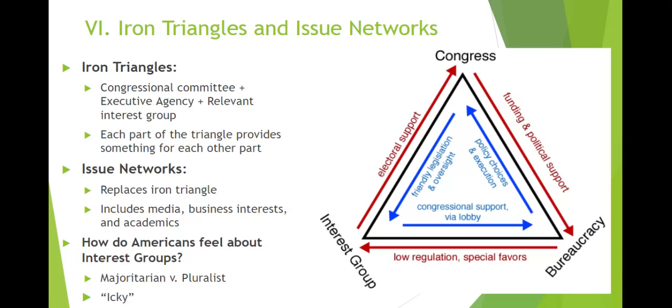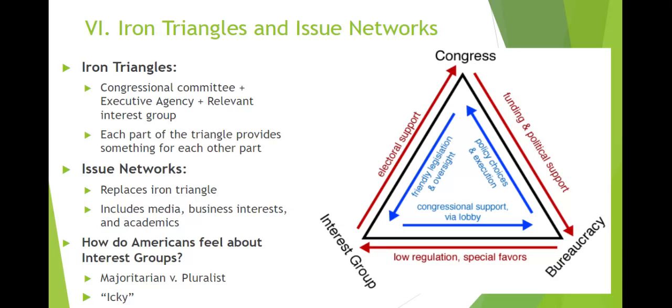And then down at the bottom, how do most Americans feel about interest groups? Interest groups really at their fundamental level represent pluralist democracy. They're part of what Madison in Federalist 10 would have called factions. The idea is that I alone don't have that much of a voice in the political process. But if I can get together with other like-minded people, our collective voices can be greater than each of us individually.